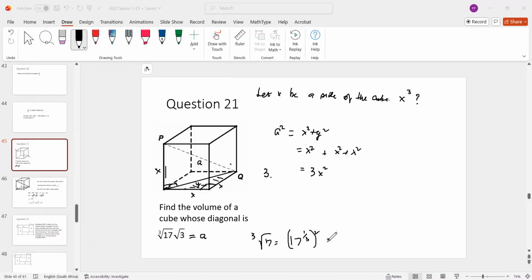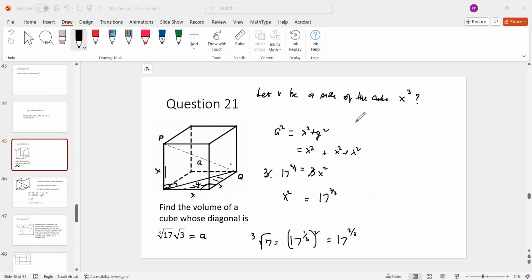And if you use the third law of indices, that becomes 17 to the power of 2/3. A to the m, all raised to the n, is a to the mn. So here I've got 17 to the 2/3. I've squared everything here. So now the 3's cancel, and you got that X squared is equal to 17 to the power of 2/3.